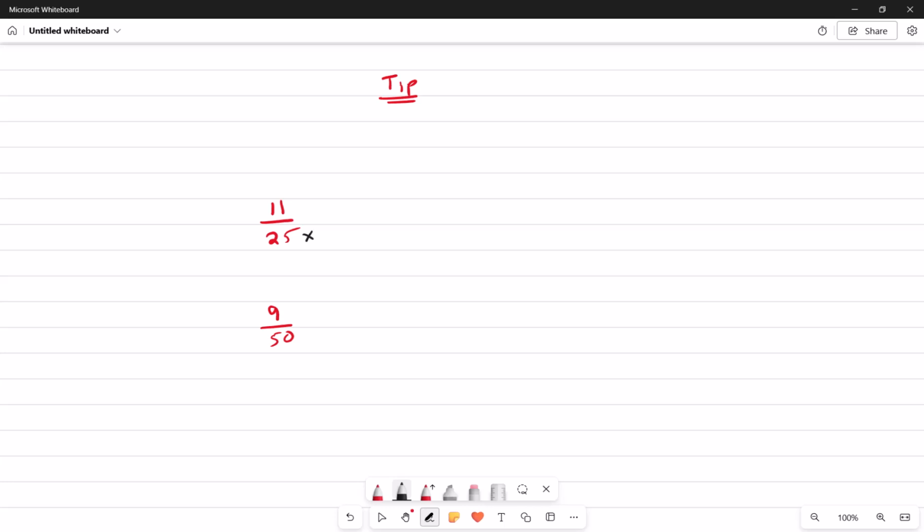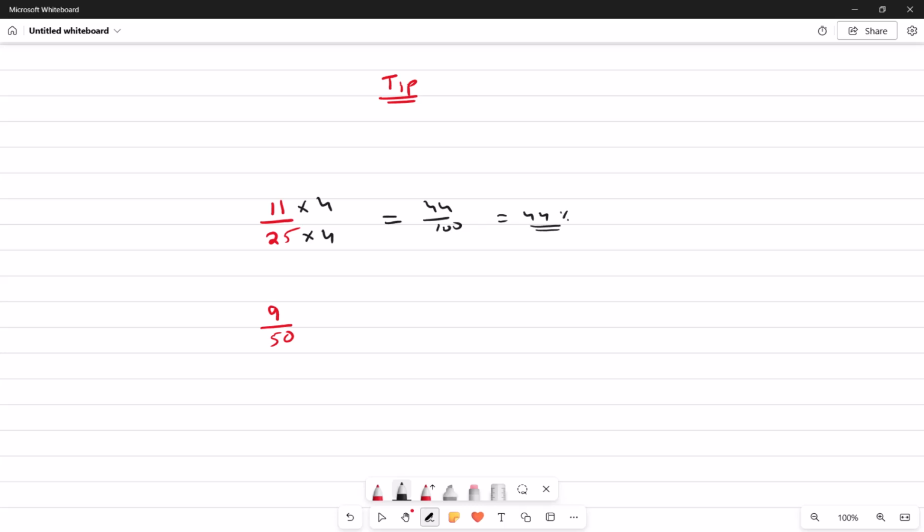Now what number can we multiply with 25 to get 100? It is 4. And we simply multiply the numerator, which is this number, with the same number. So this just becomes 25 times 4 is 100, and 11 times 4 is 44, and 44 divided by 100 is just 44%, because percentage means out of 100.